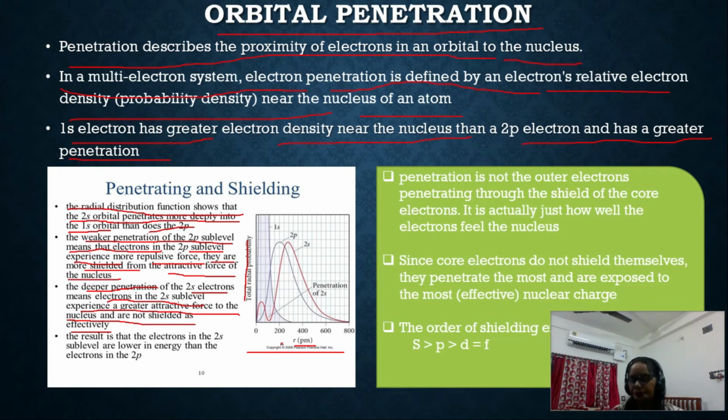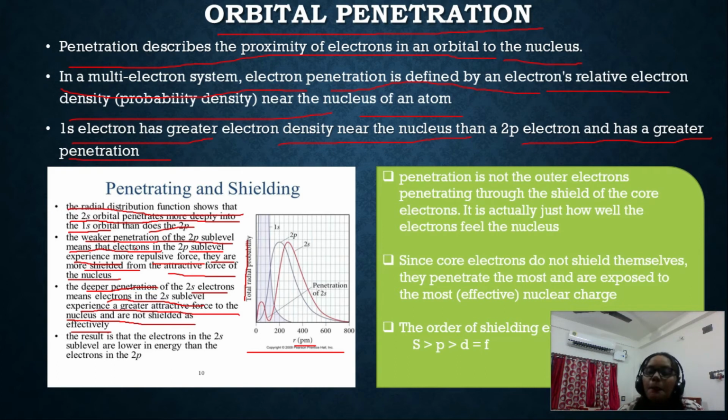Now look, if for an orbital we have less penetration power, that means that orbital is less interacting with the nucleus.